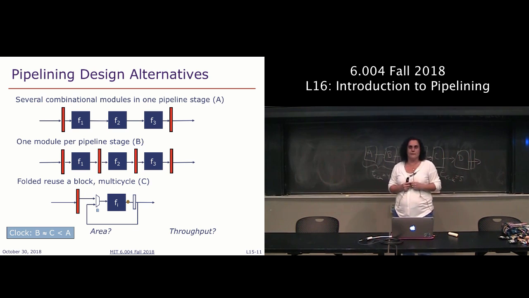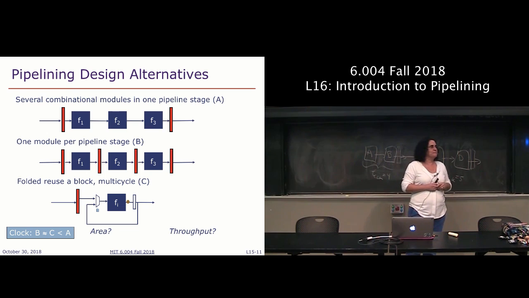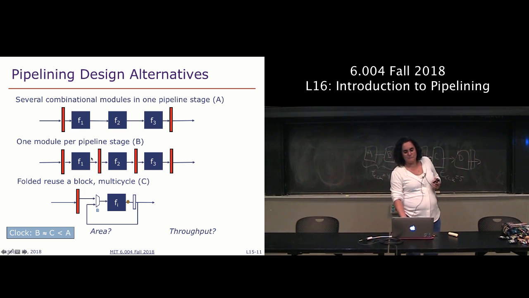Who can tell me actually, why are they approximately the same? Ignoring the delay of the multiplexer. Because every time we're done with F1, well, in B, basically, what would my clock period be? It would be dominated by the slowest one of F1, F2, and F3. Okay?